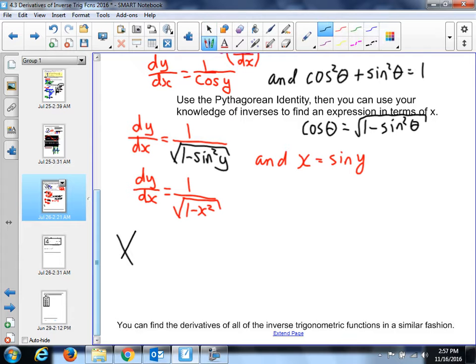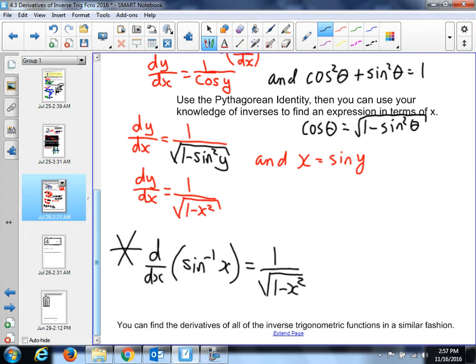So, the bottom line from this is that the derivative of the inverse of sine, arc sine, whatever you want to call it, is equal to 1 over the square root of 1 minus x squared. And you can use this formula as a shortcut.